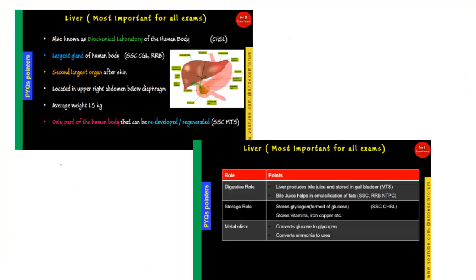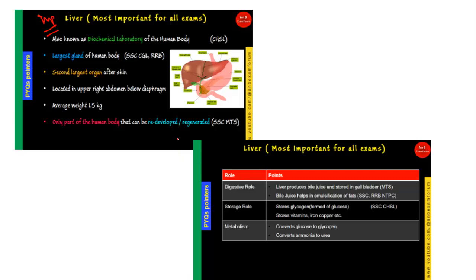And we have covered various important pointers, and students, you have to be very thorough with this particular topic, that is liver. Why? Because liver is one of the most important glands of the digestive system from the exam point of view. Many pointers we have covered in the theory classes.